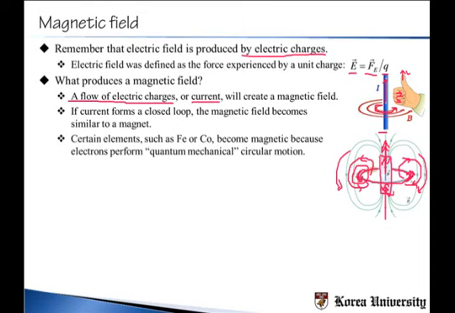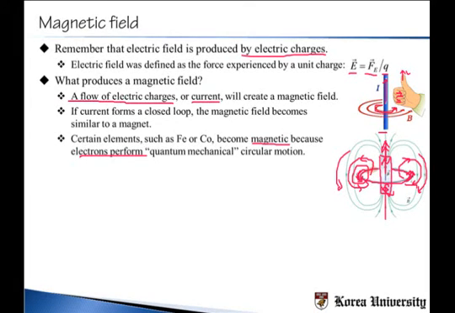In certain elements, like iron, the most famous material that shows magnetism, the elements become magnetic because electrons perform some kind of circular motion inside. In simple terms, this is similar to the circular motion of the Earth around the Sun or the Moon around the Earth.